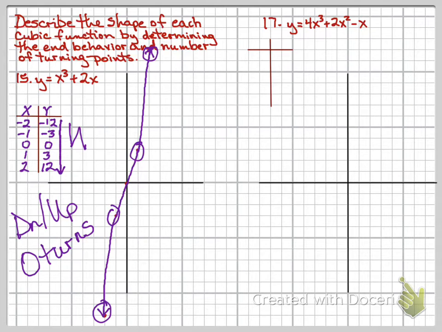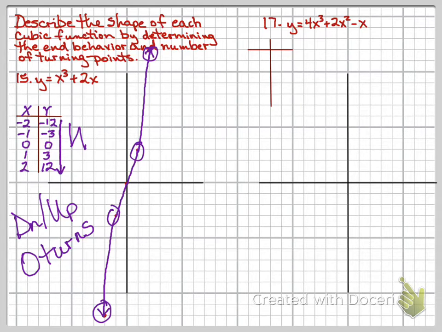All right. Let's look at number 17. Clear out my calculator: 4x to the third power plus 2x squared minus x.